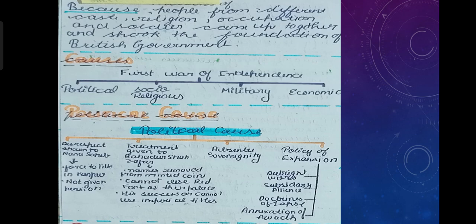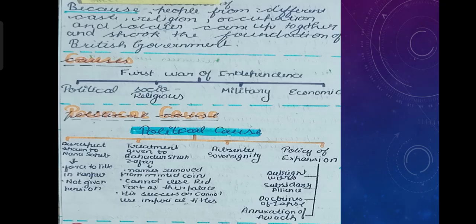This question is asked in two markers: why is it known as the First War of Independence. One more thing: you should always read this chapter because it is the most asked chapter in the examination. We'll be talking about the examination patterns soon, around November, December, but till then, this is what you have to learn. Then we come to the causes.